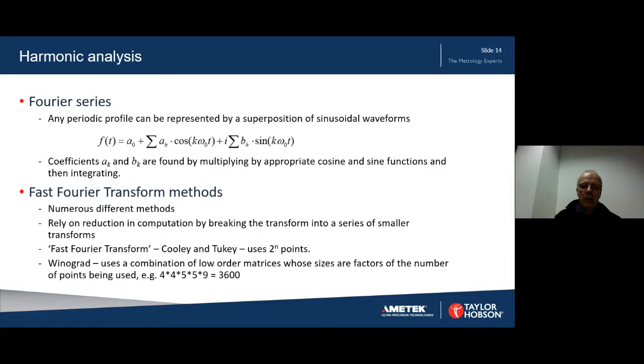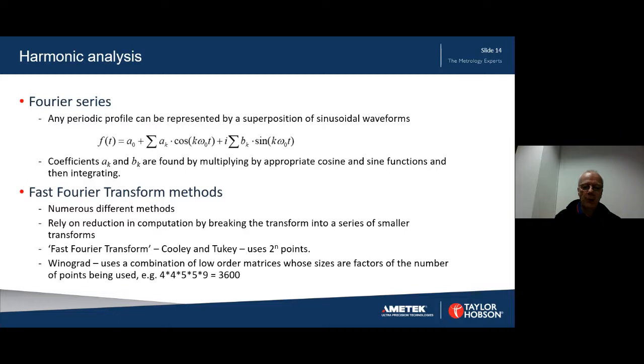The Fourier series can be calculated in many different ways. The methods used in a digital computer aim to reduce the computation time by breaking the overall computation into a series of smaller computations and thereby reducing the number of multiplications that are done.